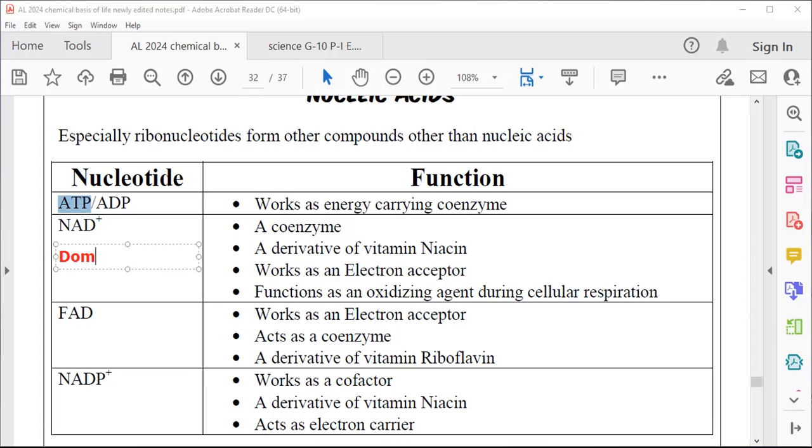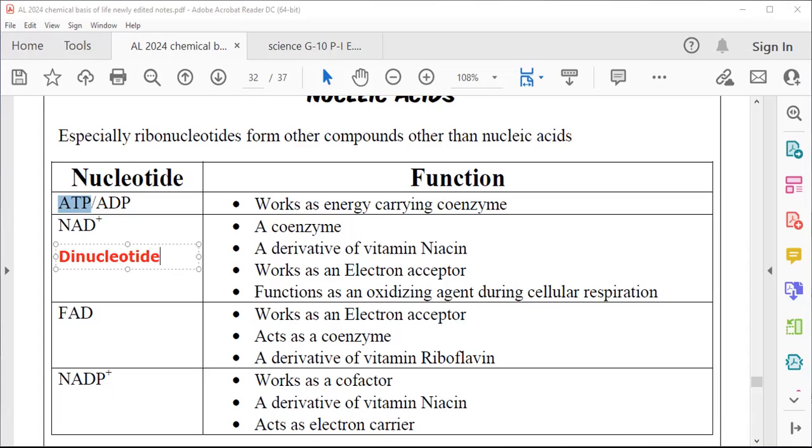This is a dinucleotide. What kind of component? Dinucleotide. That means how many nucleotides have joined? Two nucleotides. NAD plus is a dinucleotide.